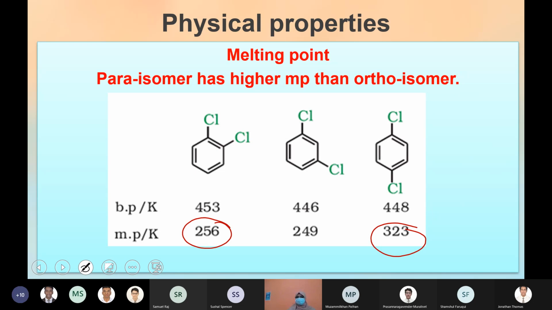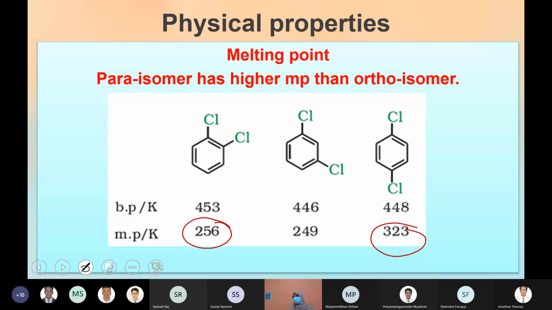This explanation is related to steric hindrance and so on, but we don't need it in detail. Many factors are there: interelectronic repulsions, steric hindrance, stability of the molecule. We are not going into detail, just write one sentence.